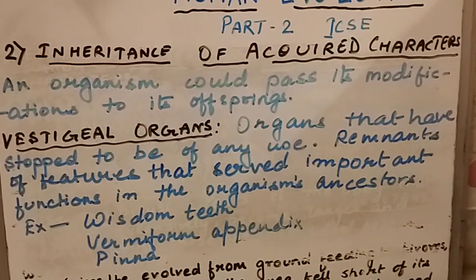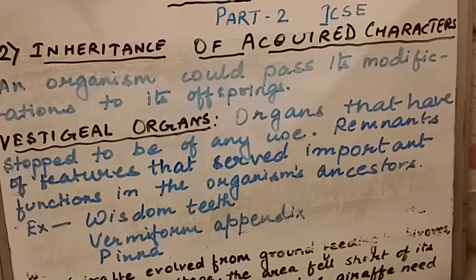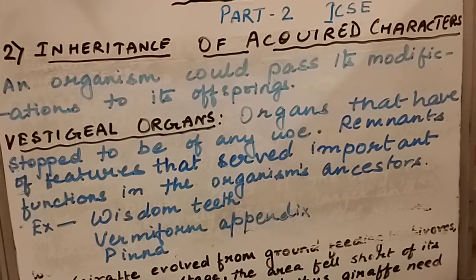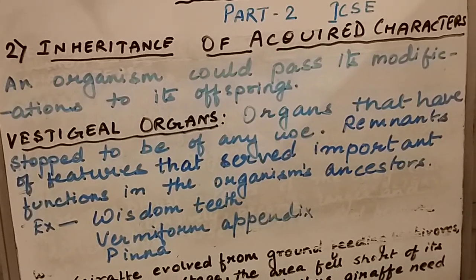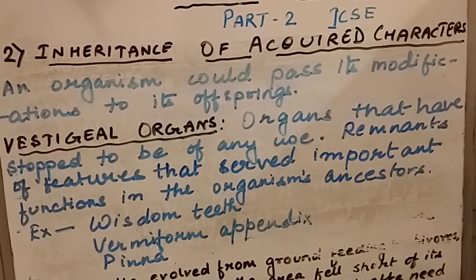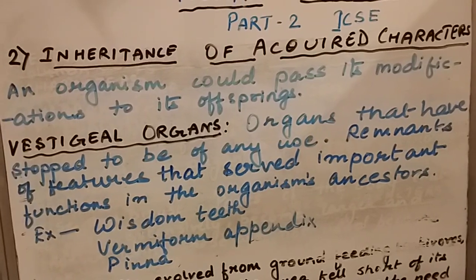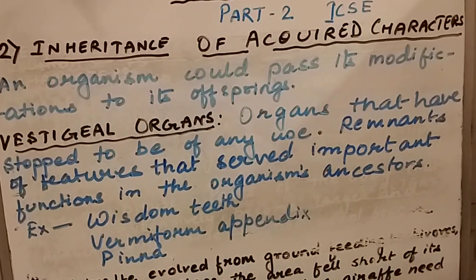Thus, any feature acquired in a lifetime, according to Lamarck, is inherited by the upcoming generation. That is what he stated in his second theory. Whatever character is acquired would later be inherited, simply.